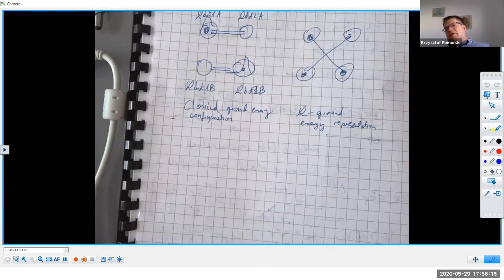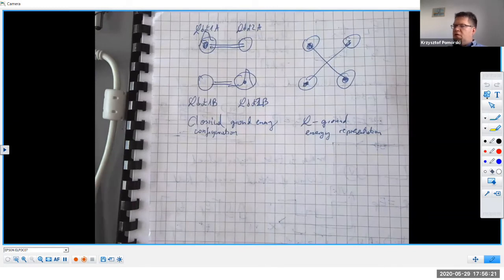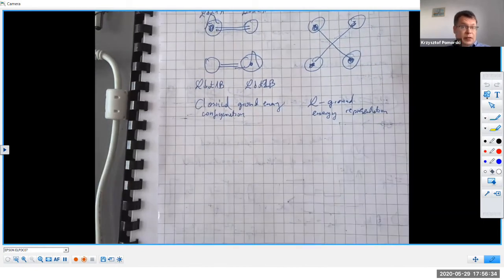Now we are dealing with two electrostatically interacting qubits, symmetric single electron lines. All right, so how to deal with that? First, we need to write down the Hamiltonian.